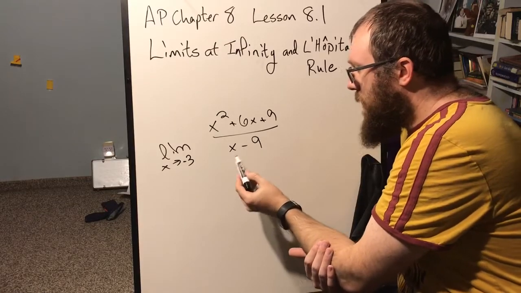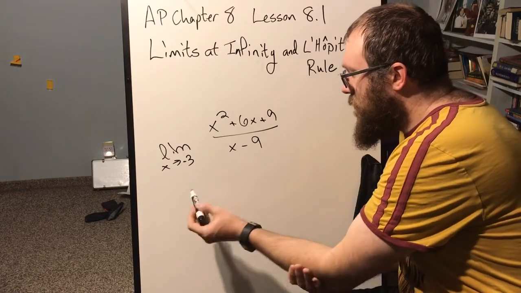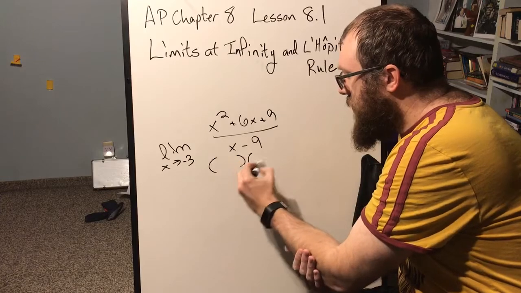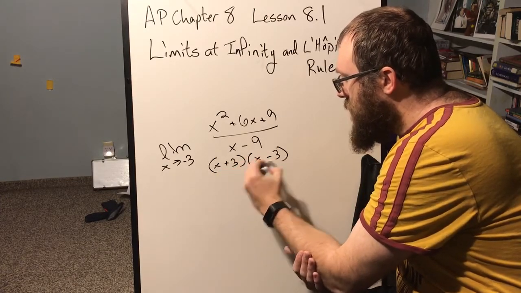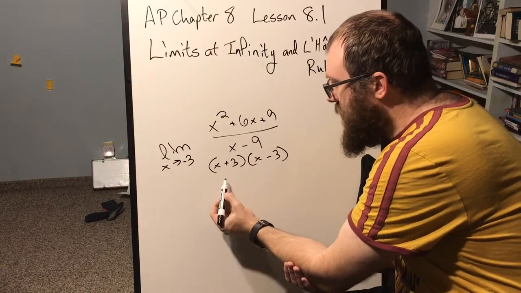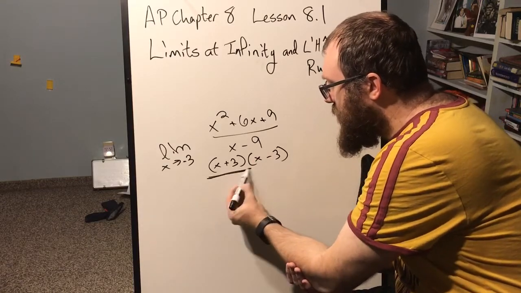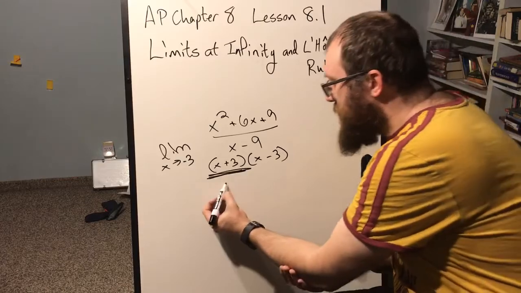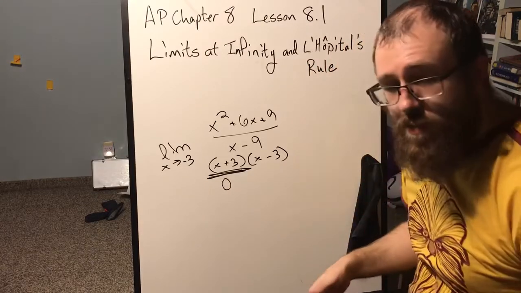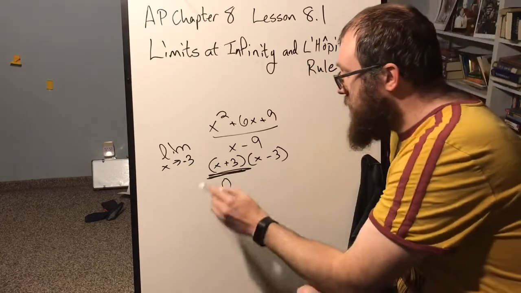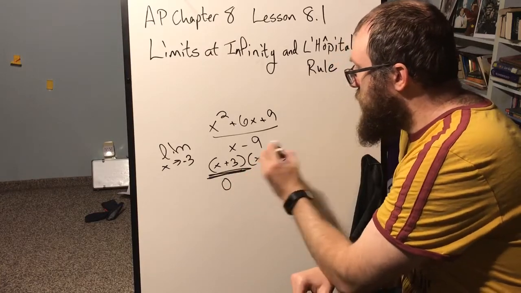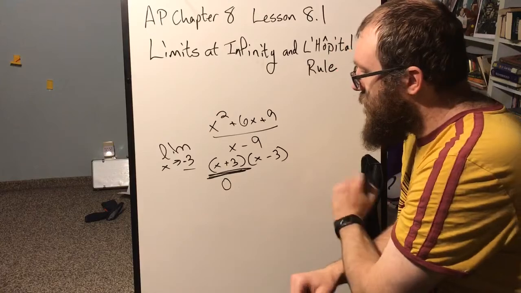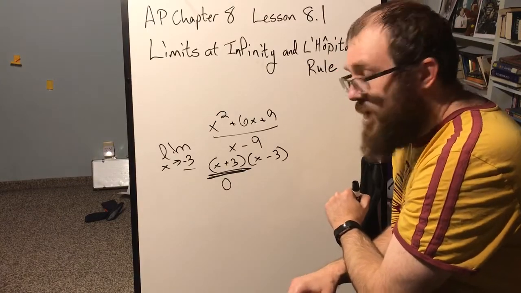So now on the bottom, what I'm looking at is x plus 3, x minus 3. If I put negative 3 in, this factor right here is 0. And that's an issue because it makes the whole denominator 0, which means that when I put in negative 3, I'm going to get an undefined value.